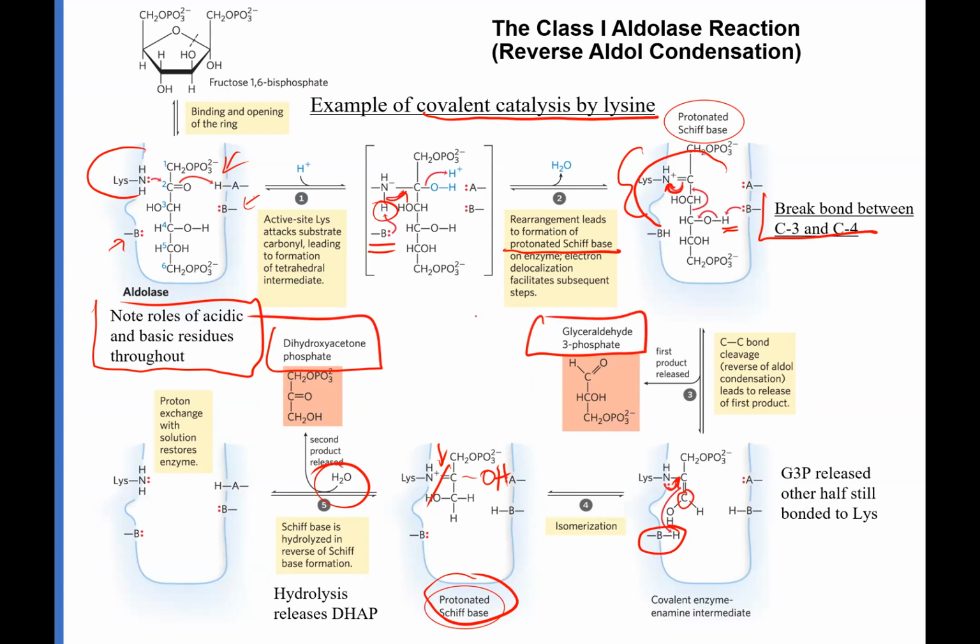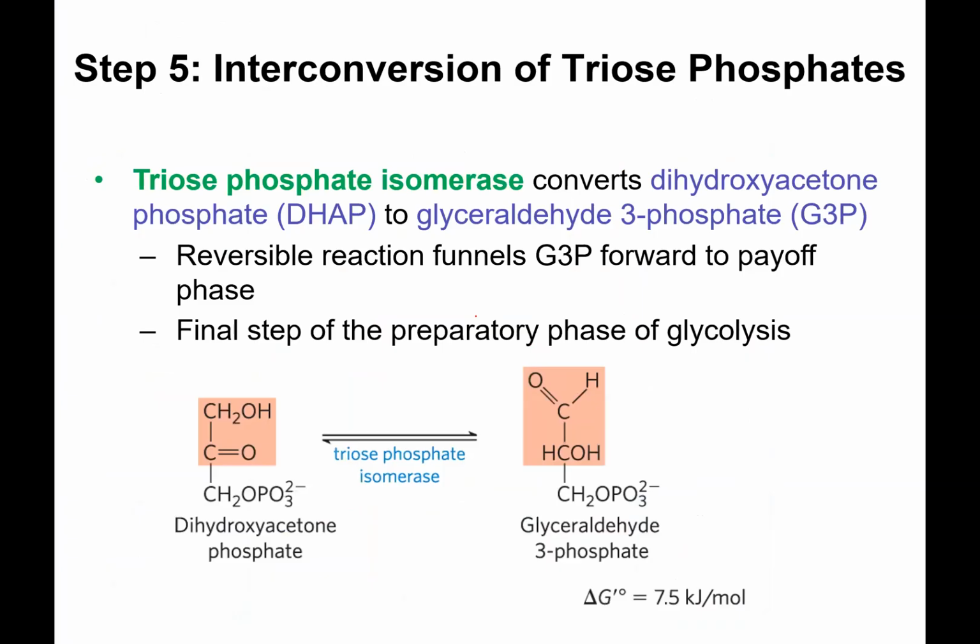As noted, now we want to go forward, and we want to turn all our DHAP into G3P. This, again, I can't emphasize enough, really sounds like what it's doing. It's taking a triose phosphate and isomerizing it. Triose phosphate isomerase takes all our DHAP and converts it to G3P.